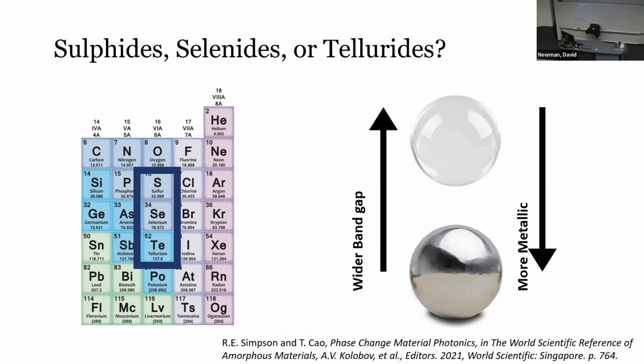Around the same sort of time, I and also a few others like JJ and MIT and also Southampton, I think we're thinking along the same lines. Maybe we should be looking at selenides and sulfides rather than tellurides for visible phase change elements in these meta atoms.